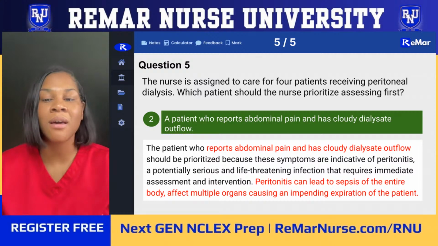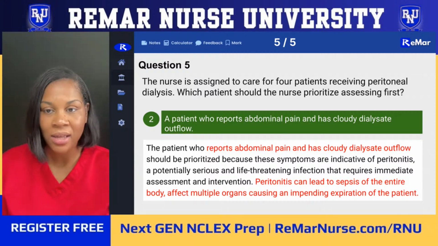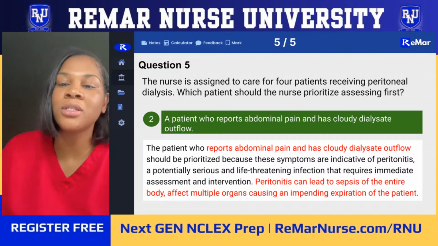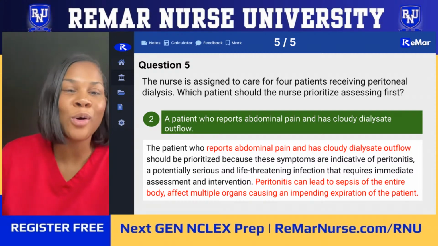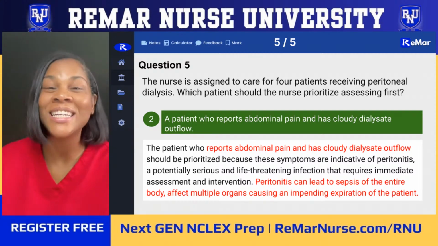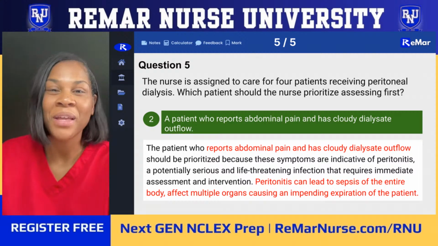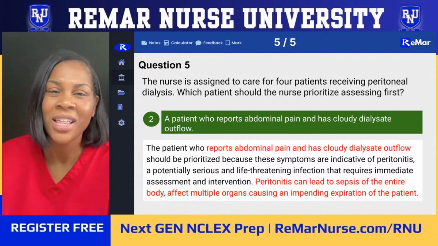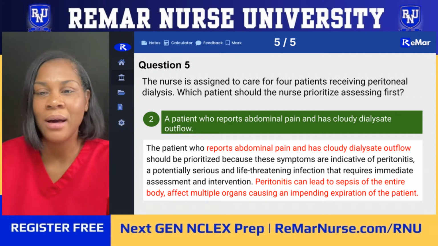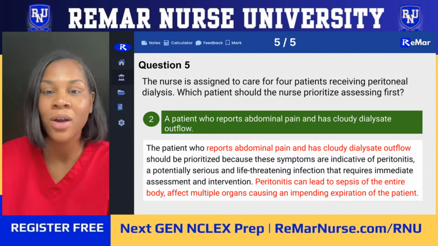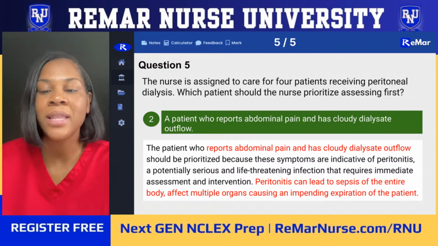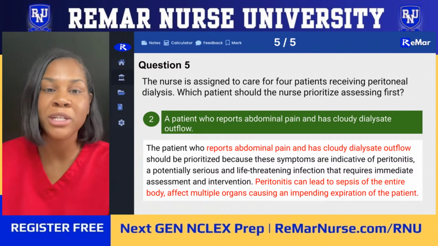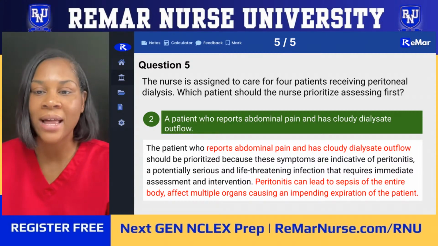And if a person gets sepsis throughout their body, it's a monster to treat. It is so difficult and annoying to treat sepsis, right? Plus, your organs can start to fail, and that's much bigger than somebody just having a high blood pressure or swelling or tachycardia. So I would always prioritize peritonitis, especially when you're talking about peritoneal dialysis.